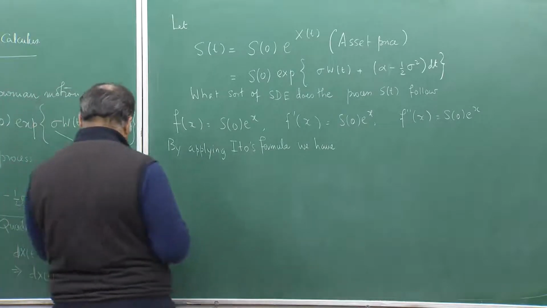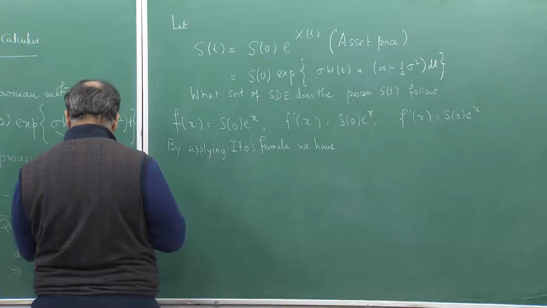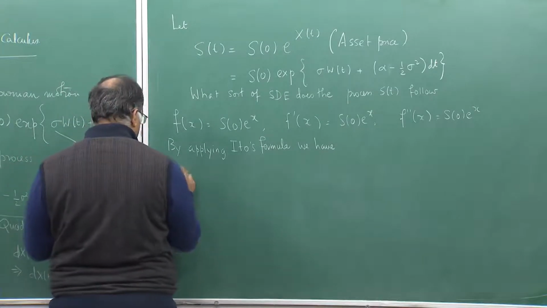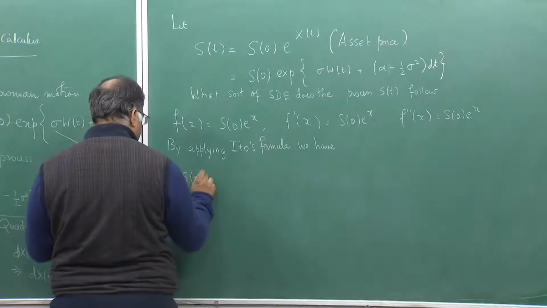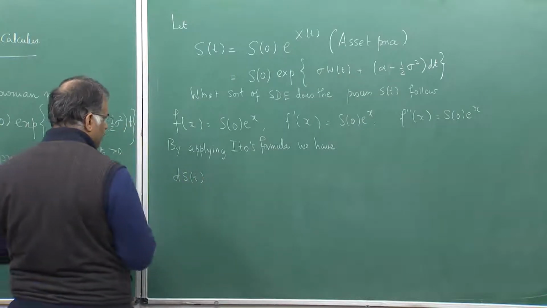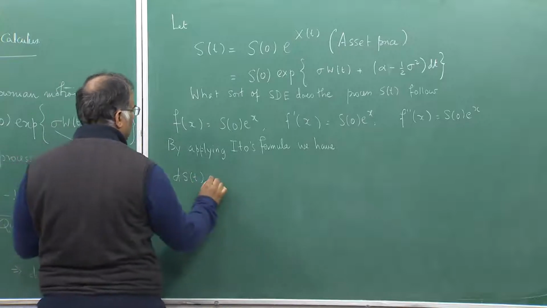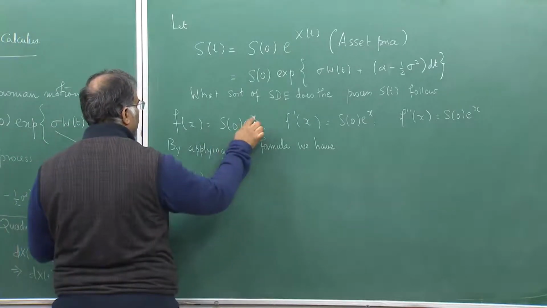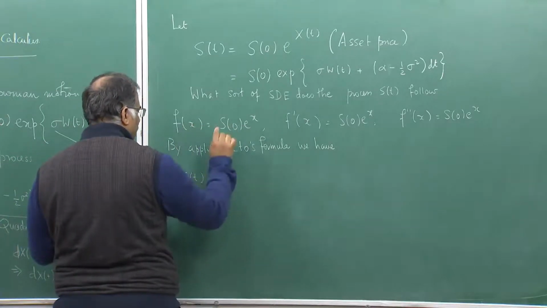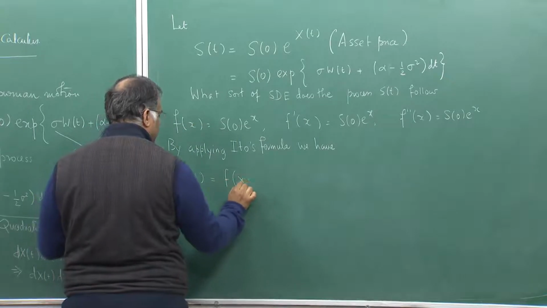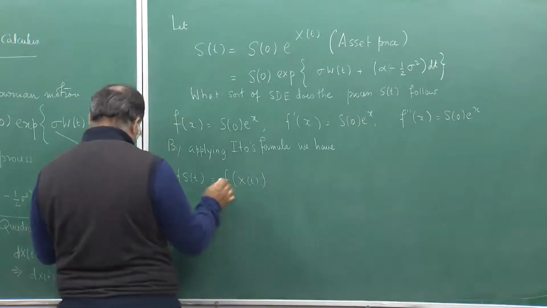We have dSt is nothing but f of xt, with S0 e to the power xt.